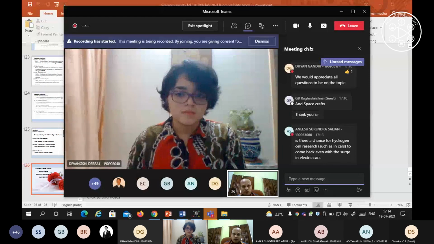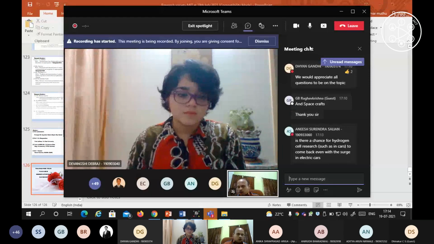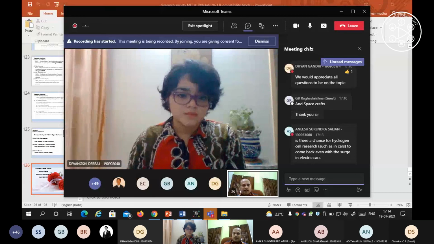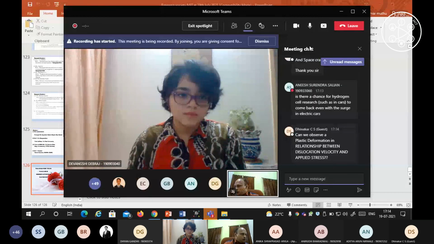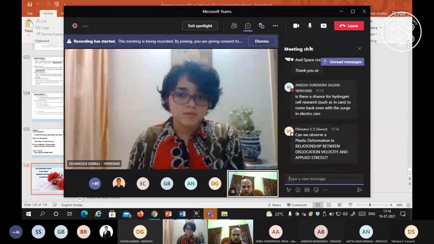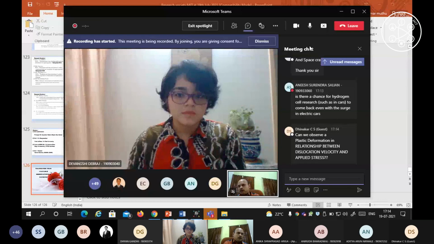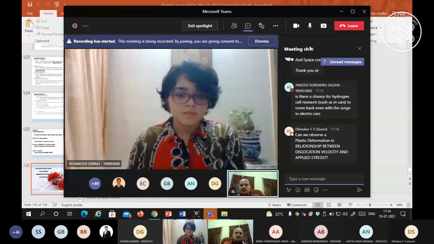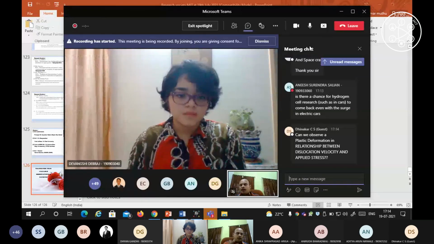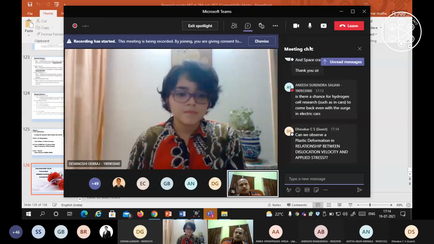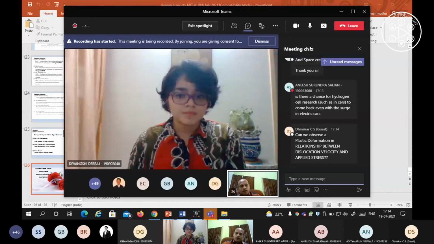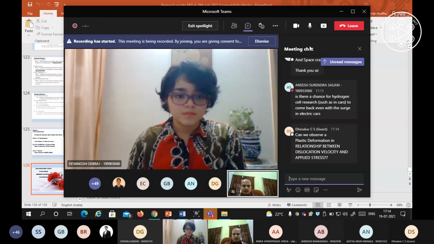We are not doing any hydrogen fuel cell work or any car type of work, because it is not academically oriented. Developing that type of car is so risky, so dangerous also. We are not doing any type of that work. But you can take any material, synthesize it, and prove that if you reach this particular voltage, hydrogen evolution may take place.